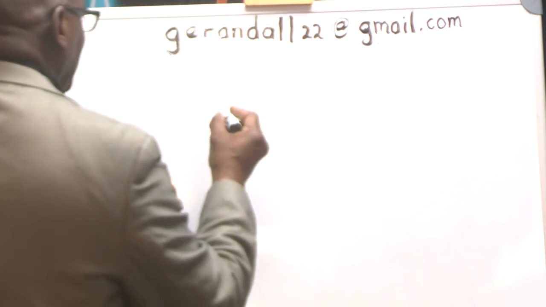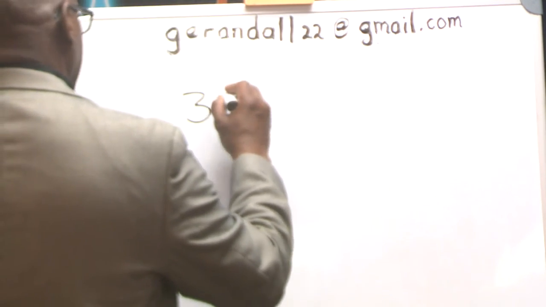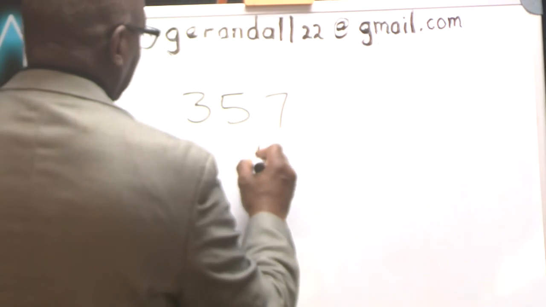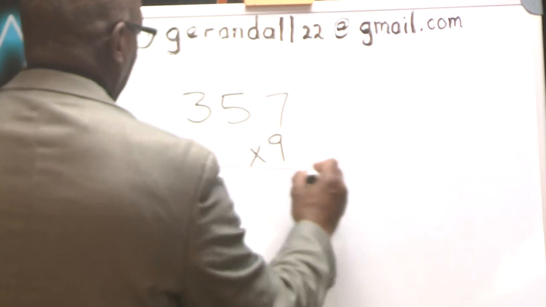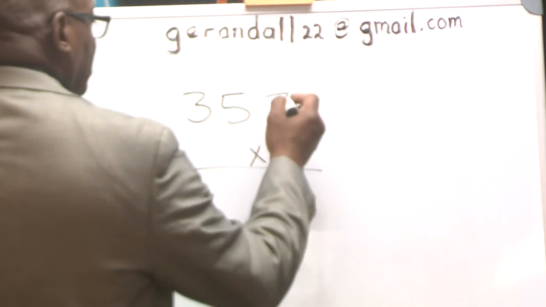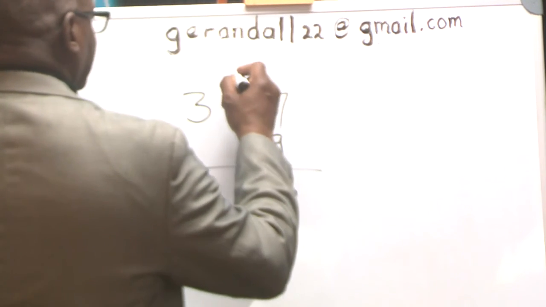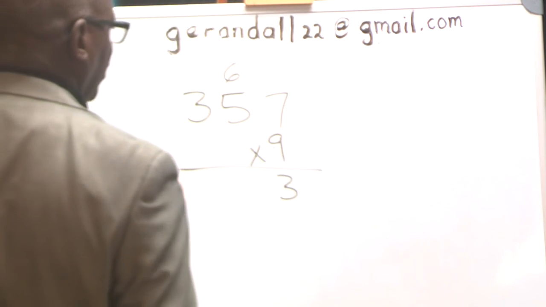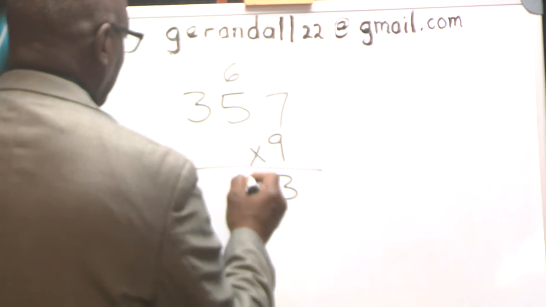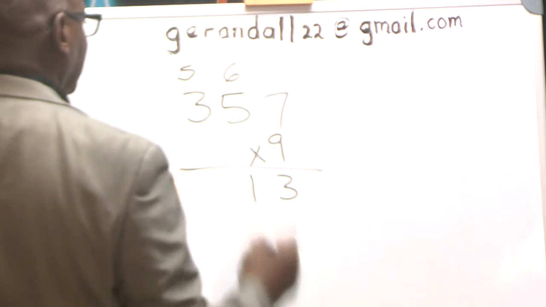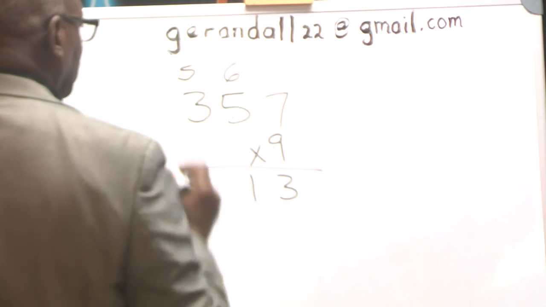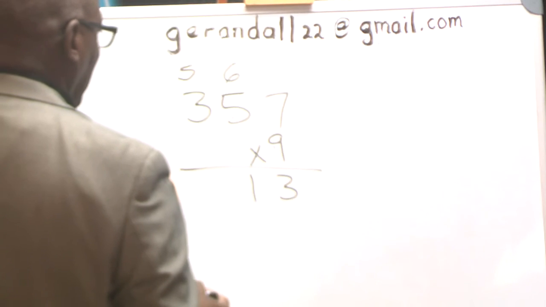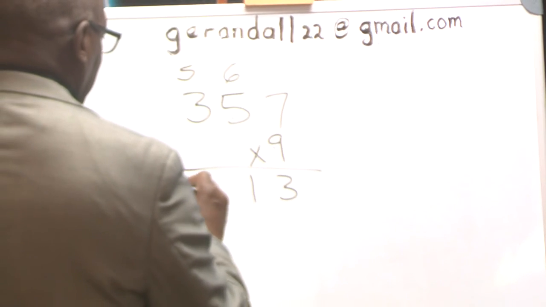And again, 357 times 9. 9 times 7, 63, carry the 6. 9 times 5 is 45, plus 6 is 51, carry the 5. 9 times 3 is 27, plus 5 is 32.